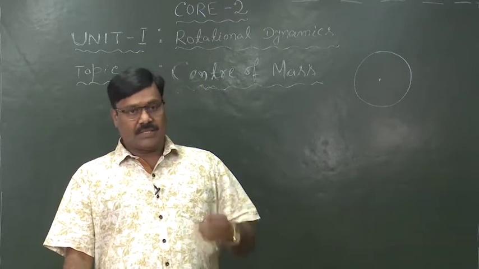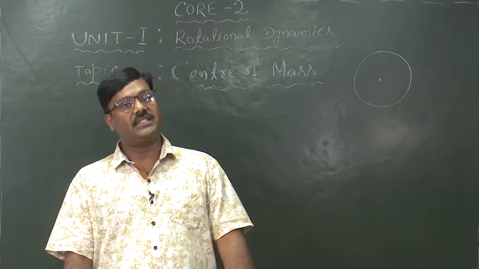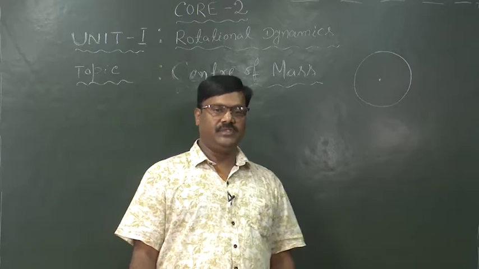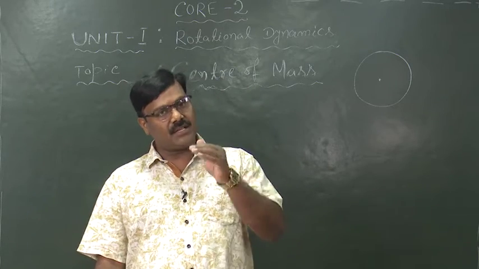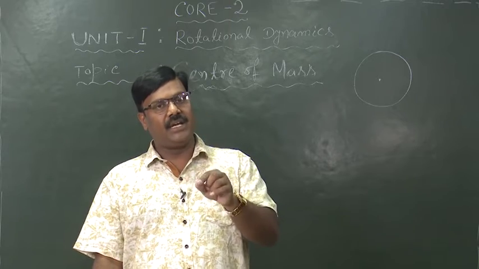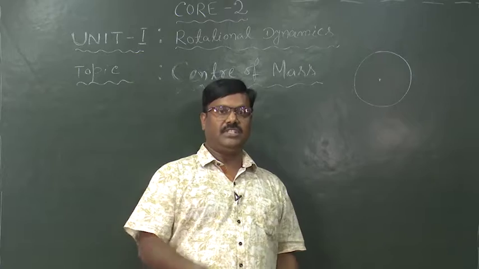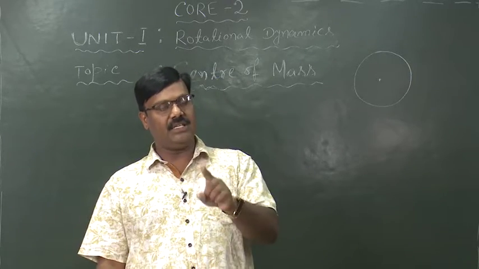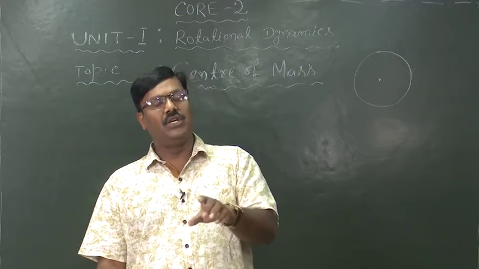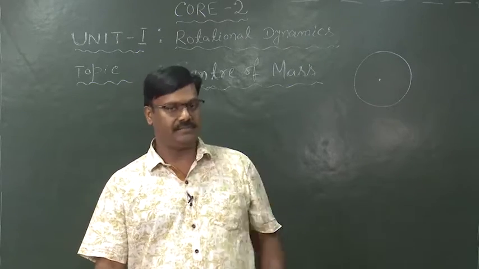Now, center of mass of a body is different from its center of gravity. You must have known what is center of gravity. Center of gravity is the point at which the whole weight of the body is supposed to be acting.